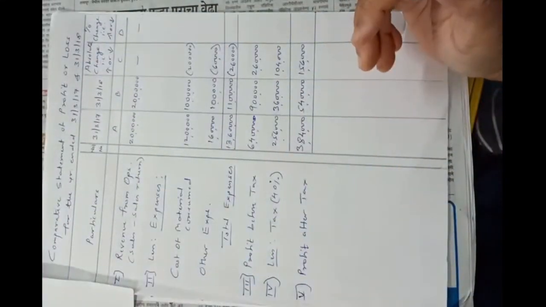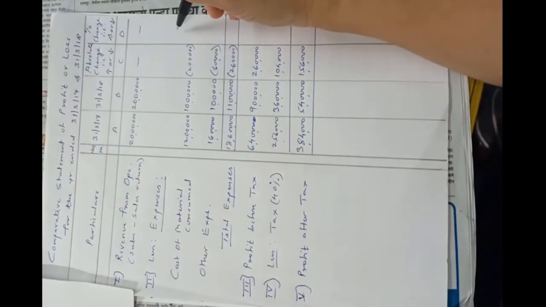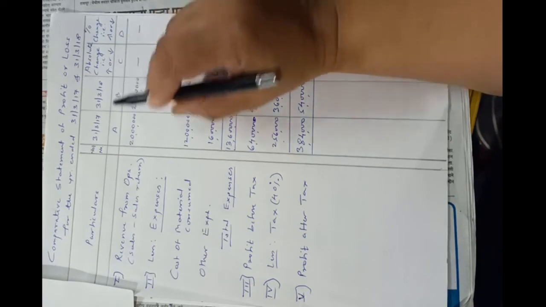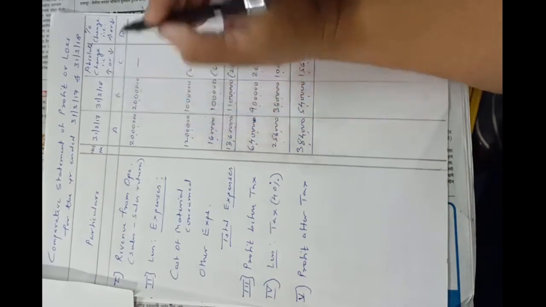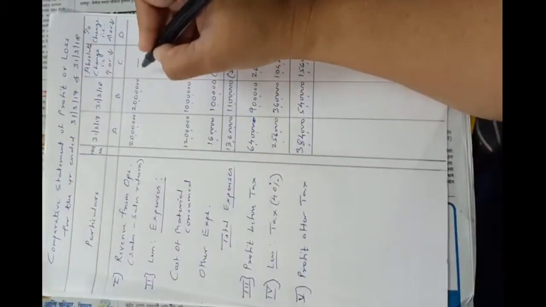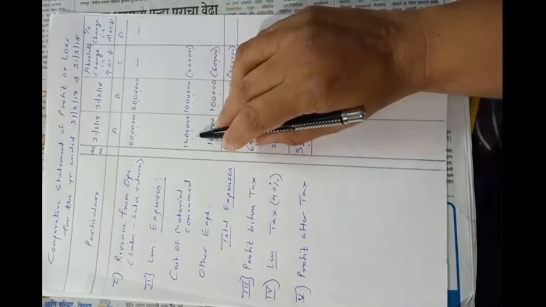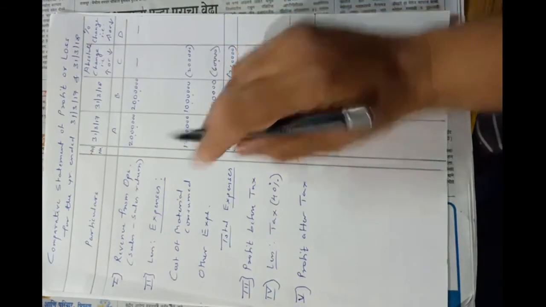As we know, for calculating percentage, we have to take the amount from column C divided by the amount from column A into 100. Okay, so here revenue from operations is nil. Here negative 2 lakhs divided by 12 lakhs into 100.